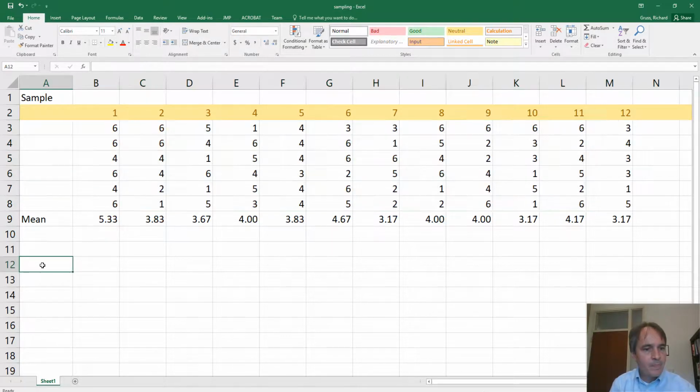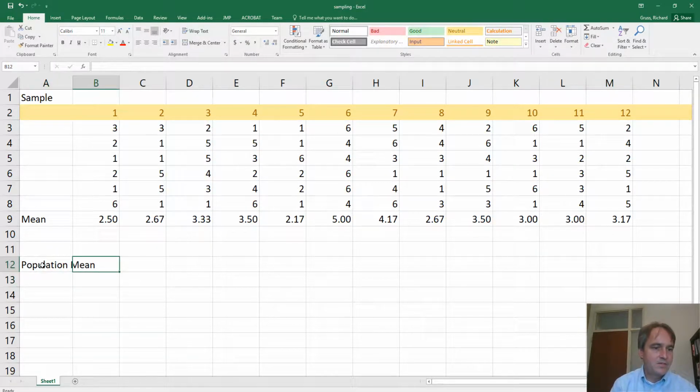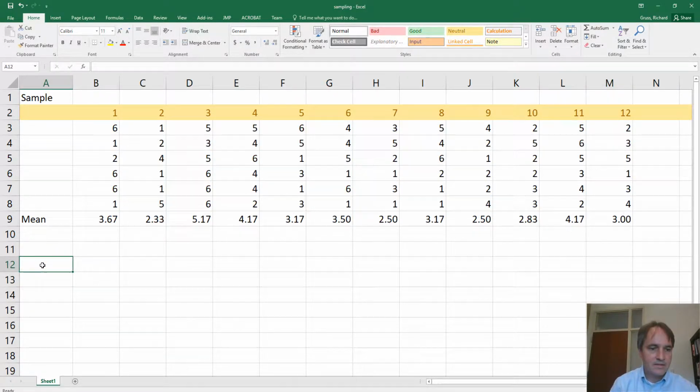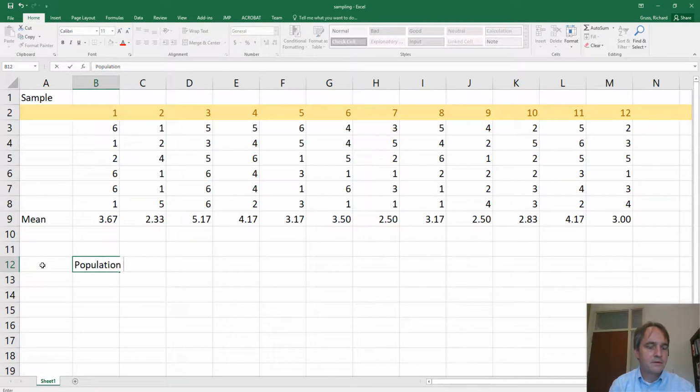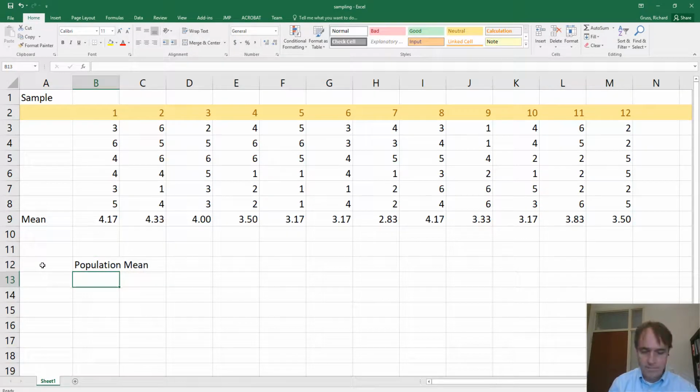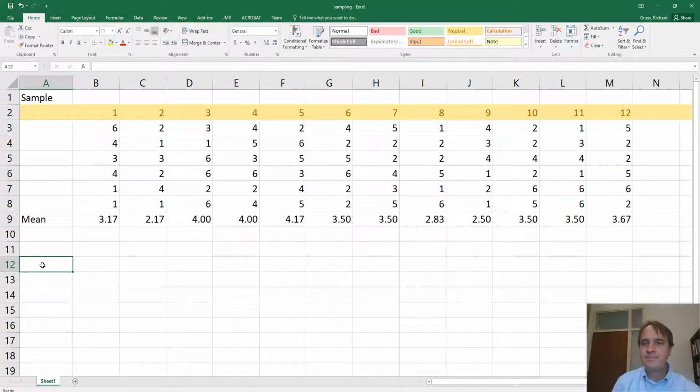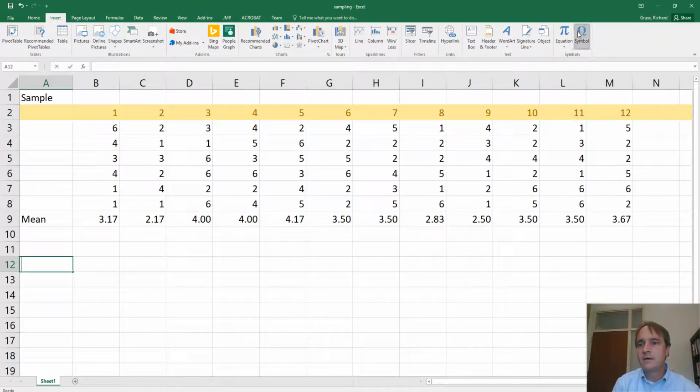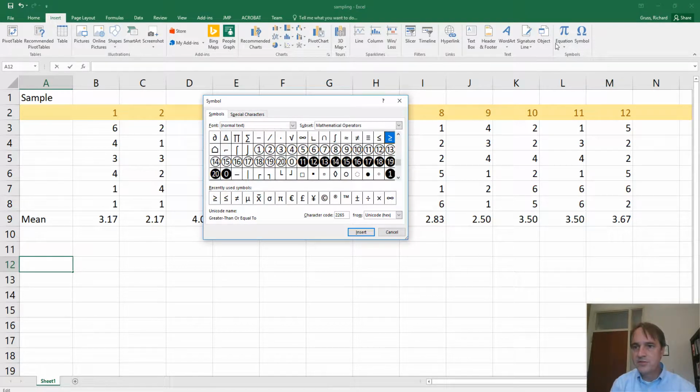And so let's say our population mean, so we'll do population parameter, population mean. Sorry, I actually want to go ahead and use the symbol here just to show you how to do it.